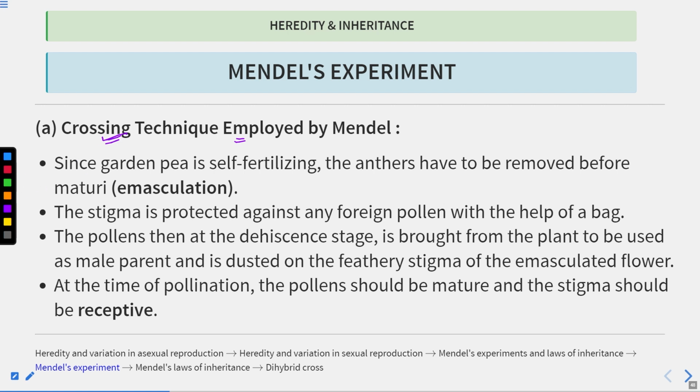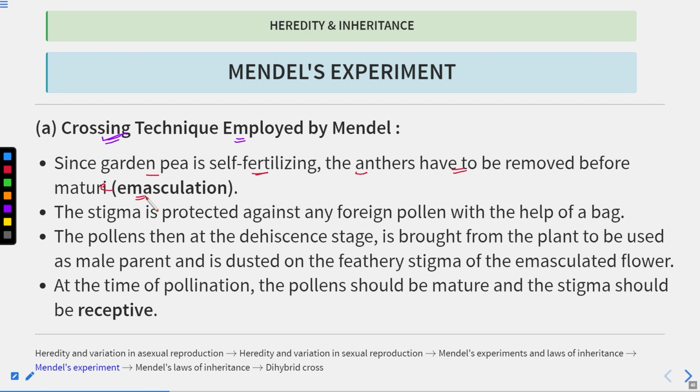Now, he knew that the garden pea is self-fertilizing, which means the pollen of the anther can land on the stigma of the same flower. So the anthers have to be removed before they mature.